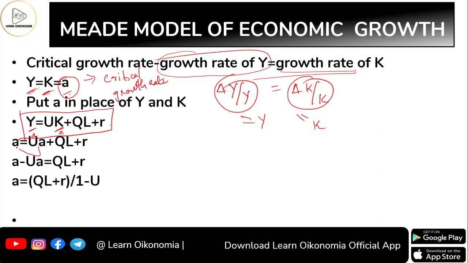Take this ua to the other side so that you will be getting a minus ua is equal to ql plus r. Now to find a, you can take ql plus r divided by 1 minus u. Now you get the value of a here.